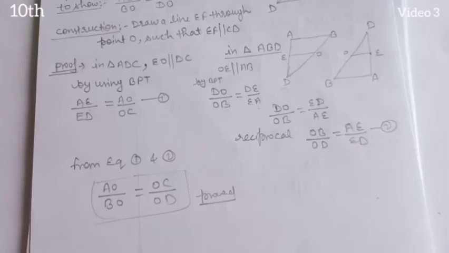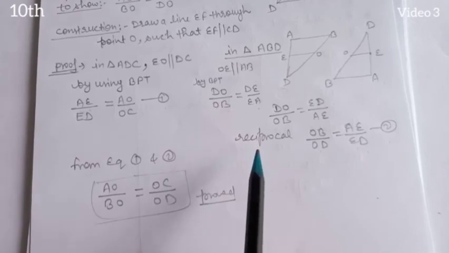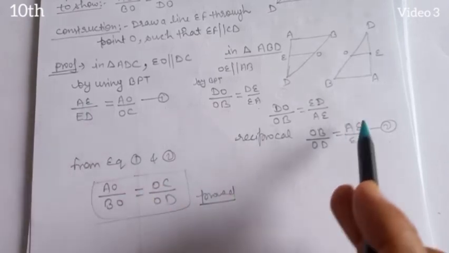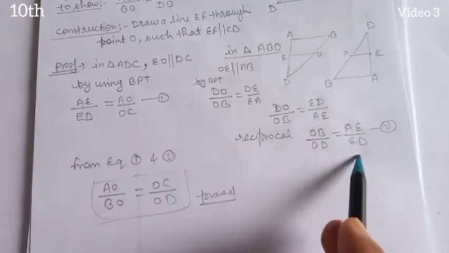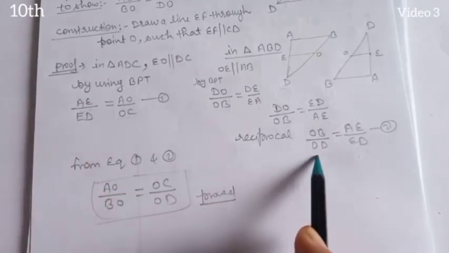So by using equations 1 and 2, you can see here AE upon ED is the same in both equations, so the other parts are also equal to each other.